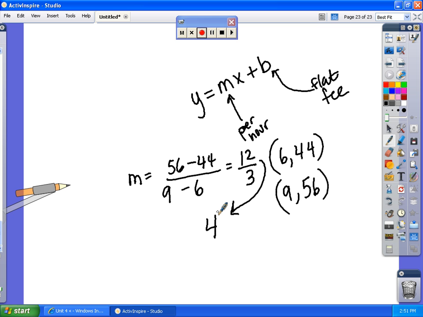So the slope is 4. So now that I know the slope, now what I'm going to do is plug in a point I know, which is 4, 4.6. Make that a capital B so I remember that's a B. And solve this side.